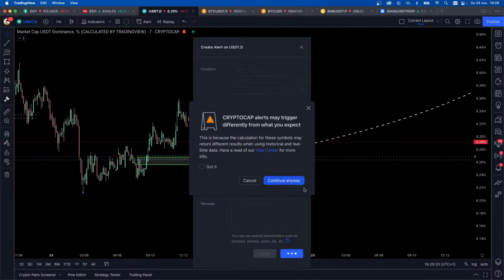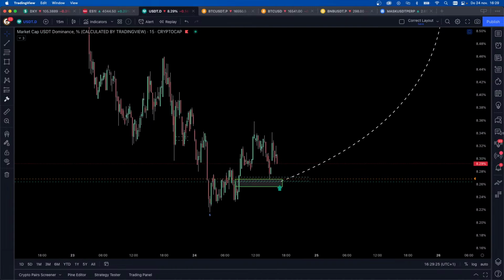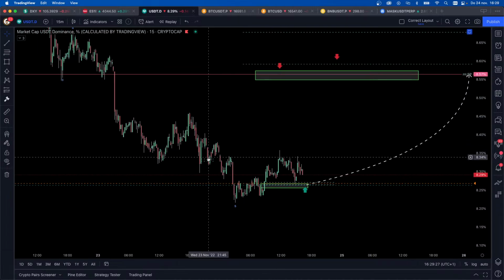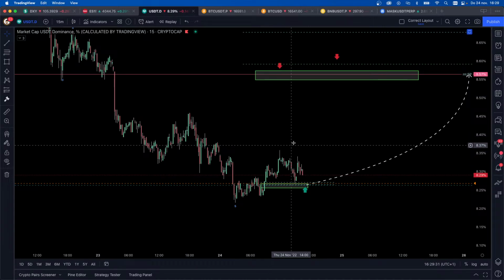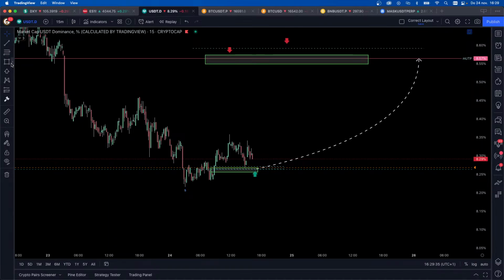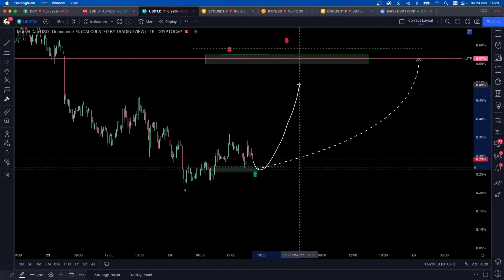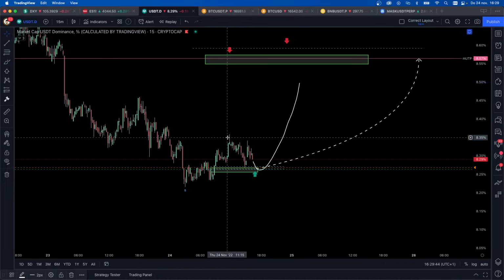So if this is indeed our change in market structure, because we can see that we had lower highs, lower highs, lower highs, lower highs, lower highs, and then we have a break in market structure. So if we can continue this break in market structure, it should bounce here and then find its way higher. So that's another reason why I'm short.